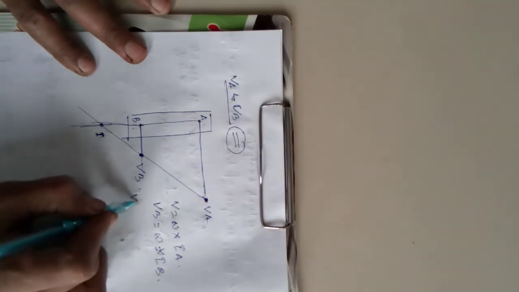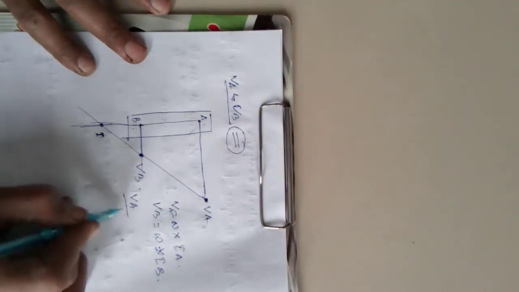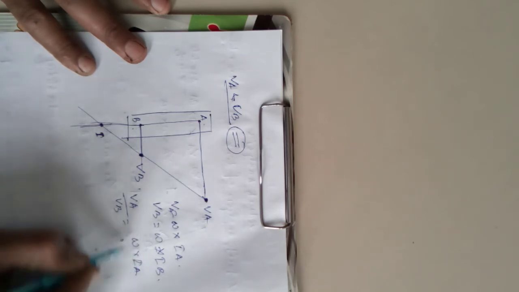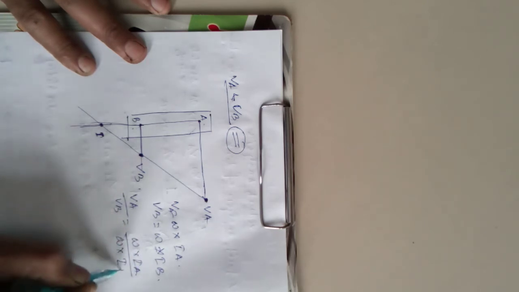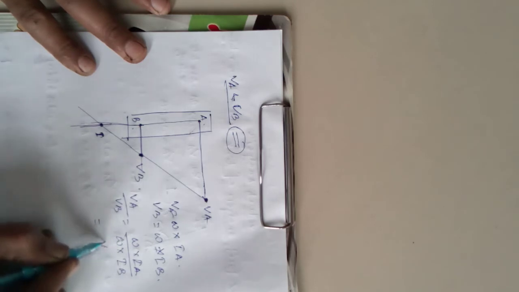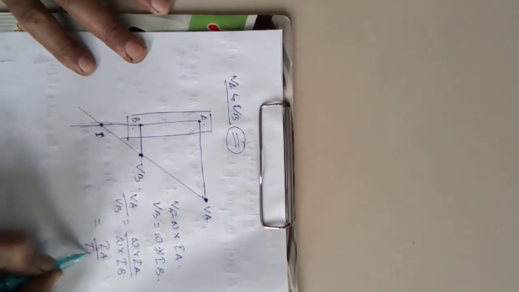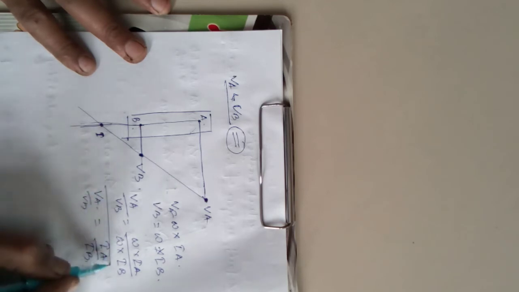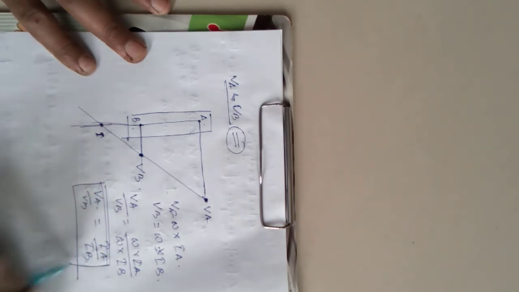So VA by VB is equal to omega into IA by omega into IB. So IA by IB is equal to VA by VB.